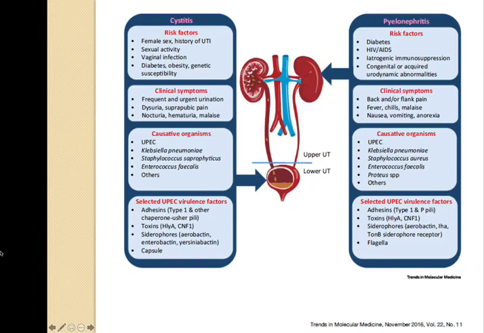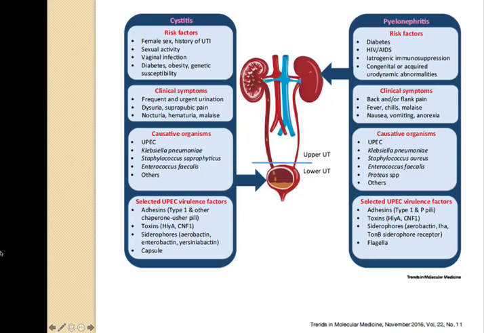The most common clinical presentation of cystitis would be frequent and urgent urination, dysuria, suprapubic pain. So basically, it's symptoms that are localized to the bladder and below. Opposite to pyelonephritis presentation, when you have symptoms that extend beyond your bladder.